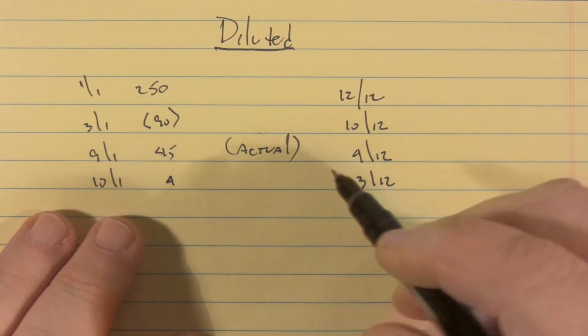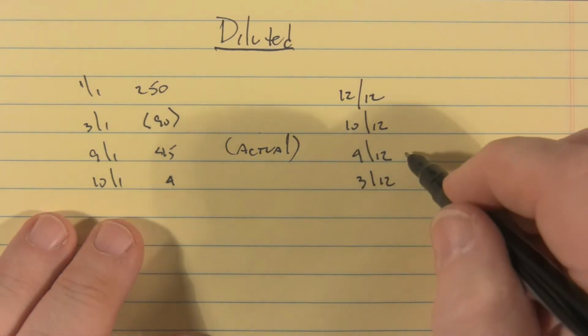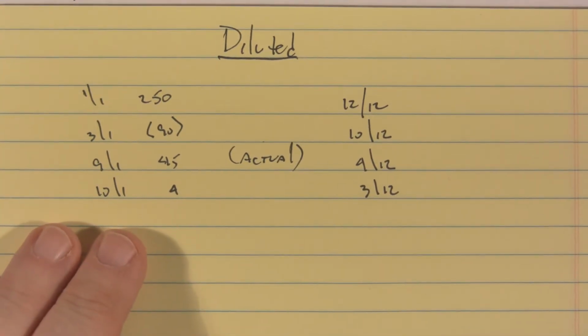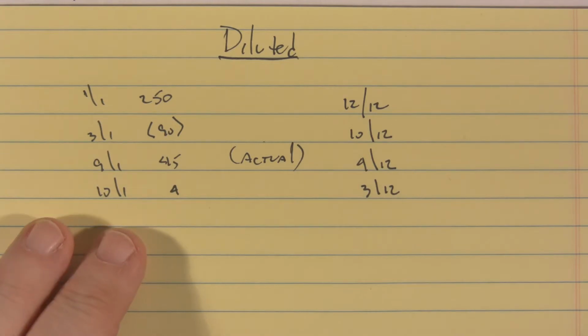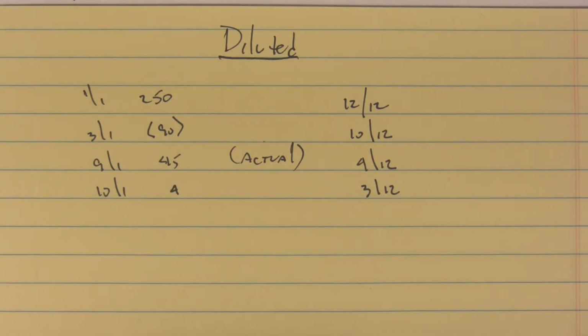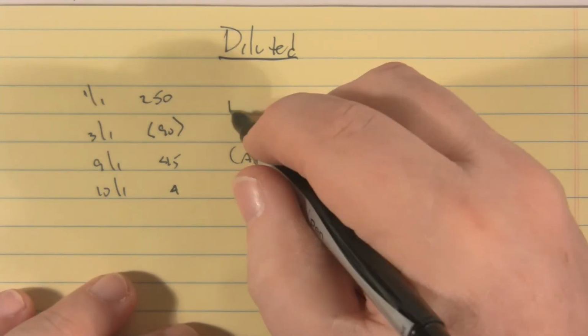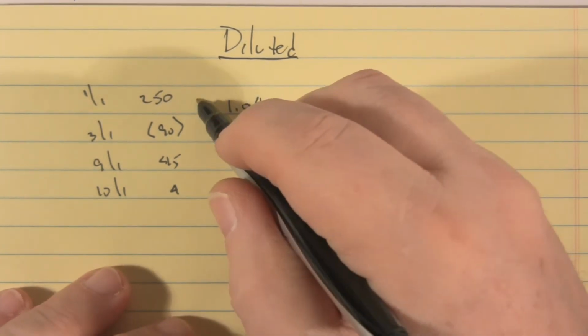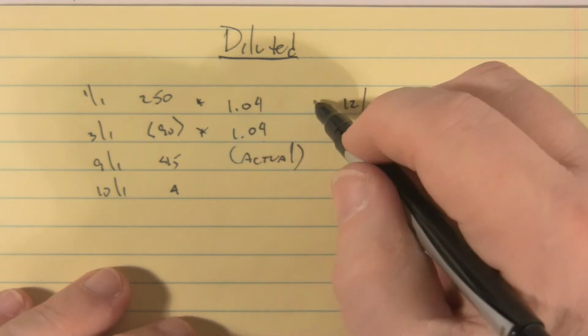Okay, now we have to do a computation with these 45 million, because remember, when we're doing fully diluted, we have to assume that it happened at the beginning. We also have to adjust these like we did before for the 4% stock dividend.